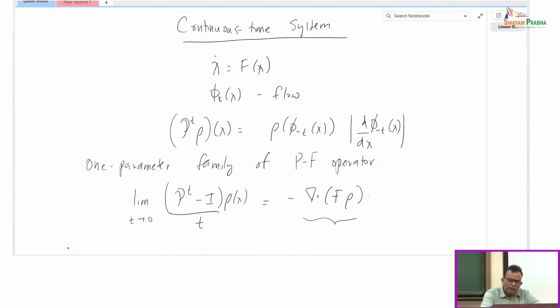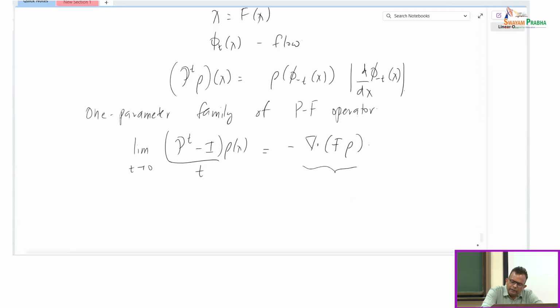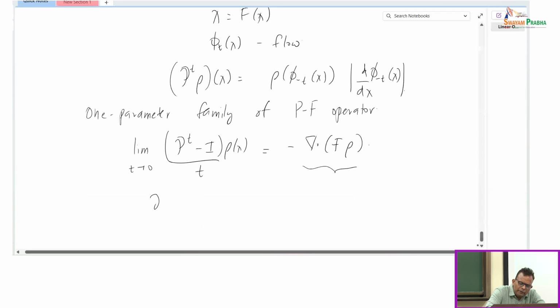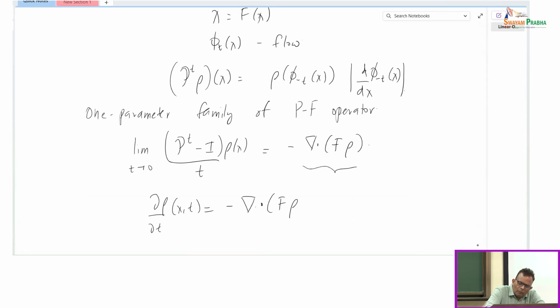Okay. Now, just like we defined the Koopman PDE, one can also define a Perron-Frobenius PDE. So what is that? That will be, let's say, partial rho of x, t with respect to t equals minus gradient of f dot rho. I hope you are familiar with this notation, right?